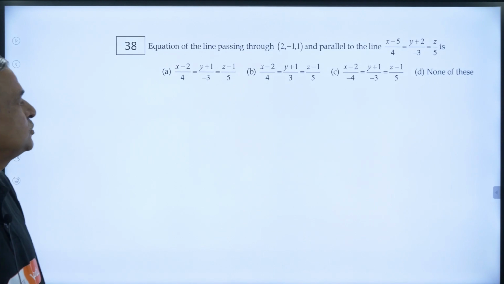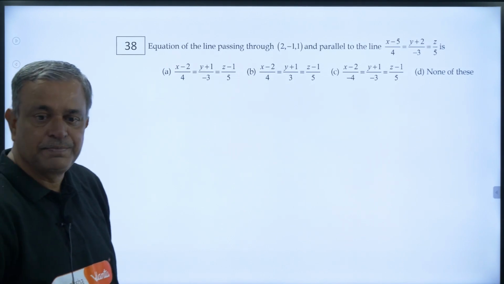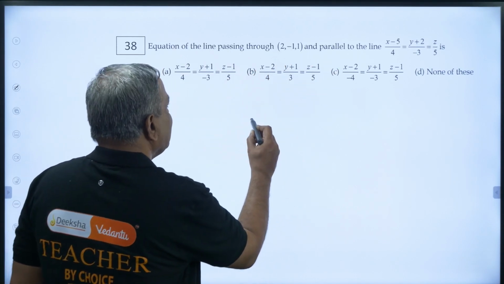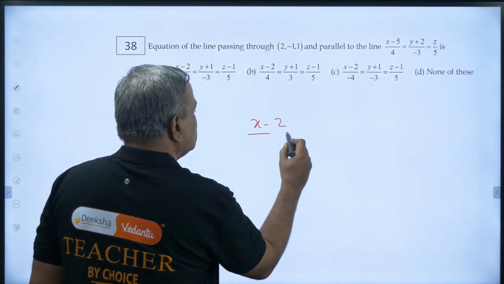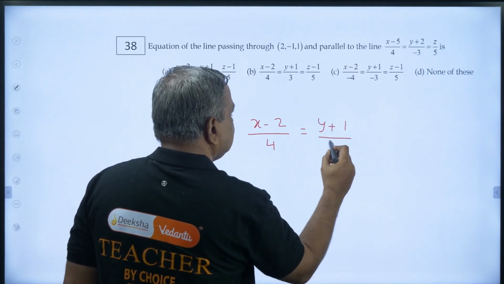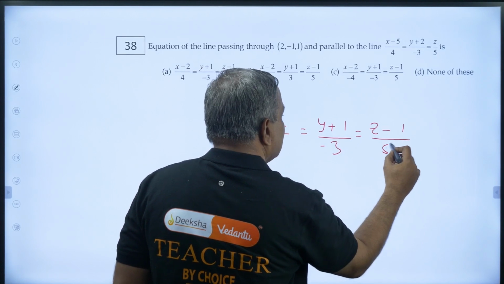So please write down. Equation of line passes through 2, minus 1 and parallel to this line. It means clearly x minus 2 by 4 is equal to y plus 1 by minus 3 is equal to z minus 1 by 5.